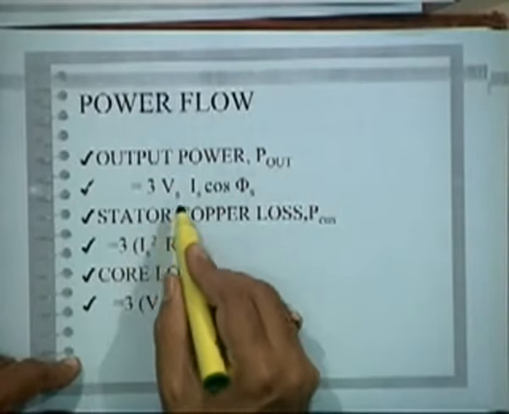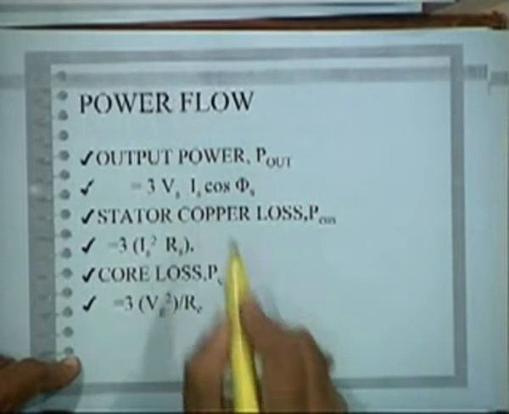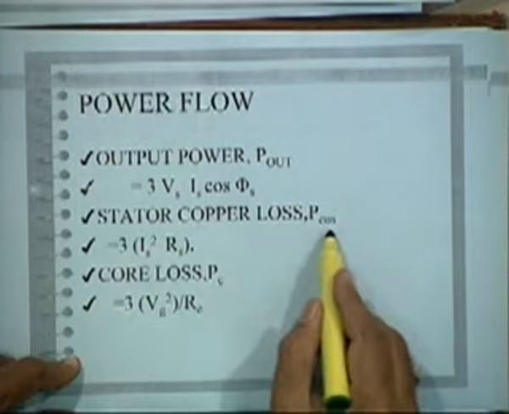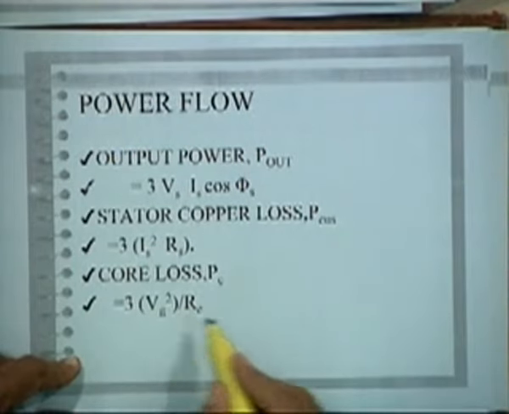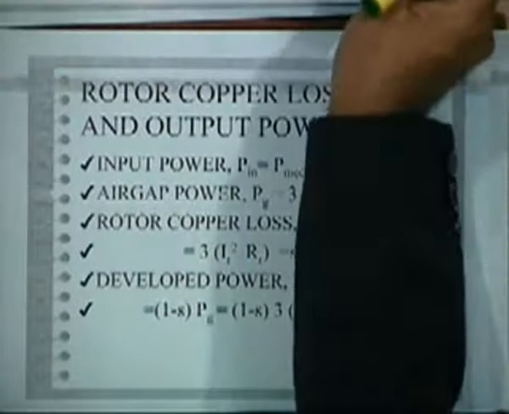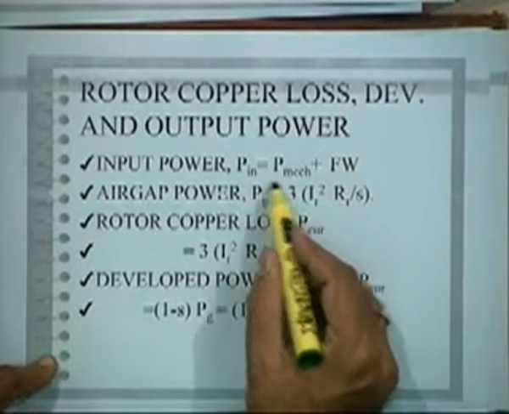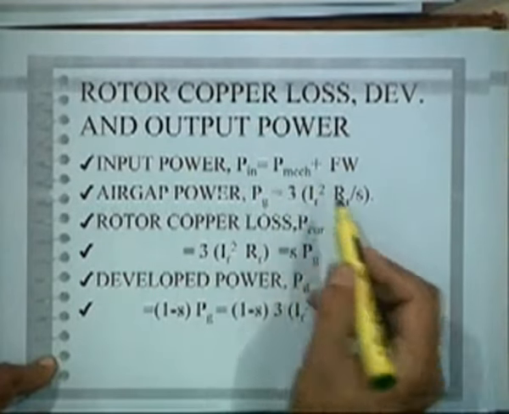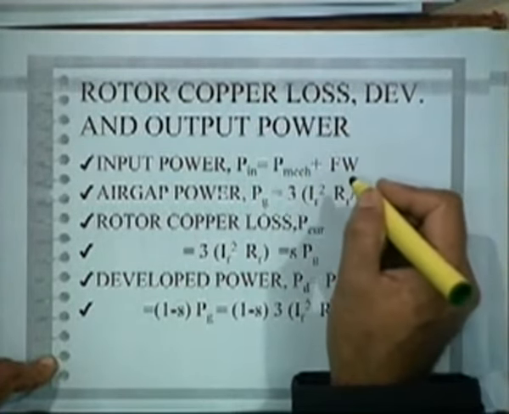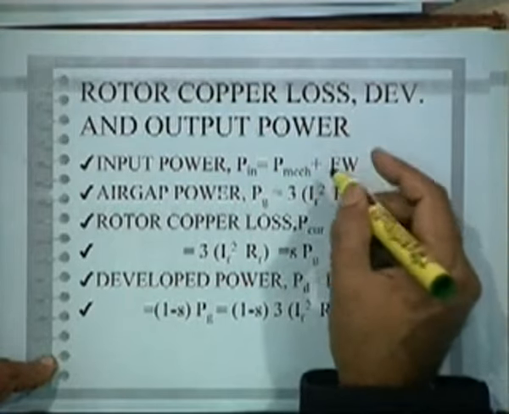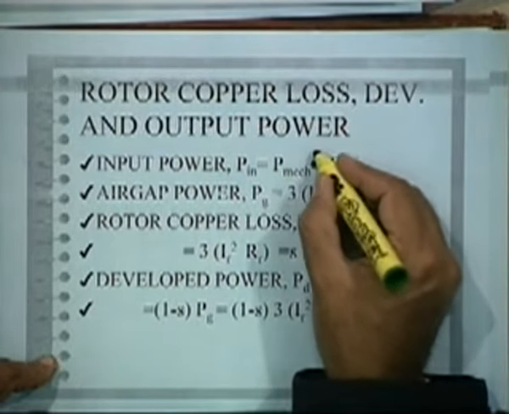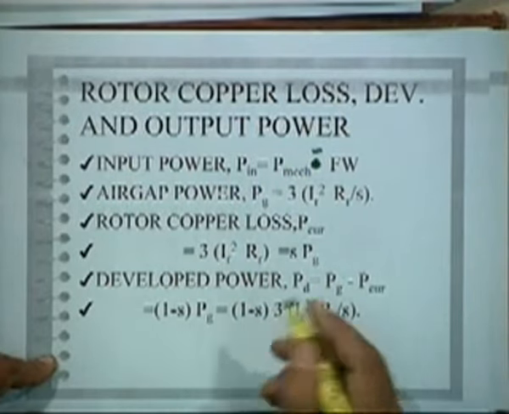So output power is P out, that will be 3 times VS IS cos phi s, stator PCUS, and core loss is this. Of course, these don't change as far as the power flow is concerned. Then input power will be P mechanical, whatever you are giving, and that will be minus friction windage, okay.